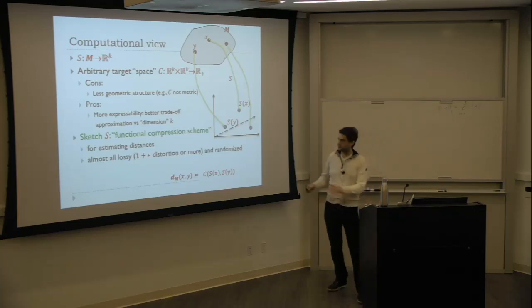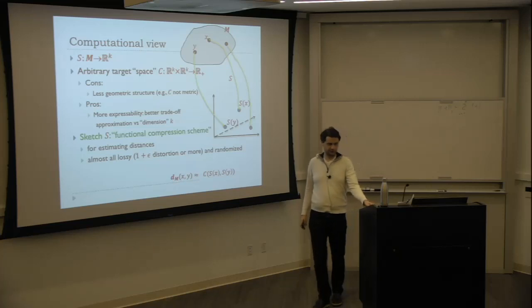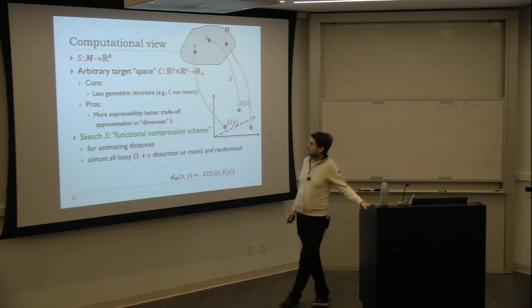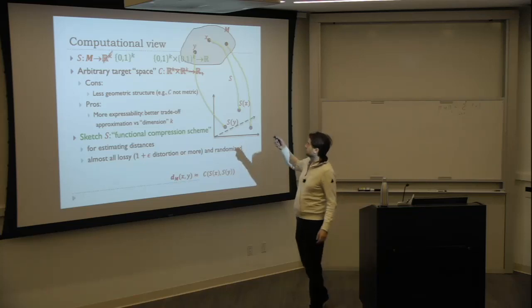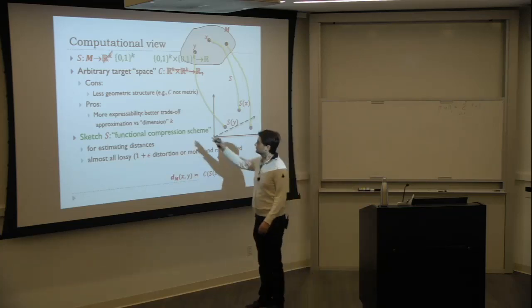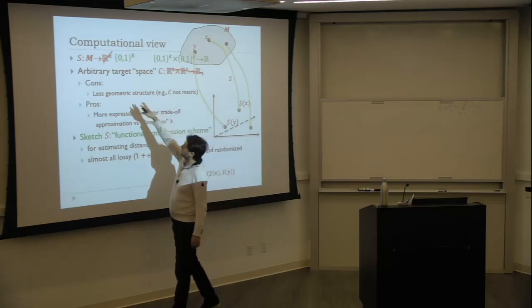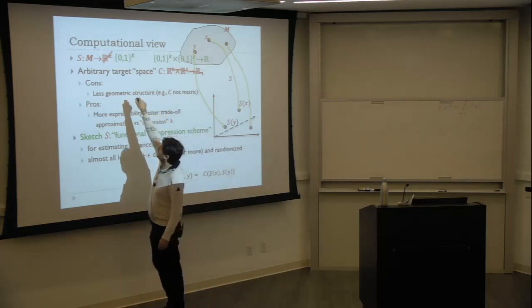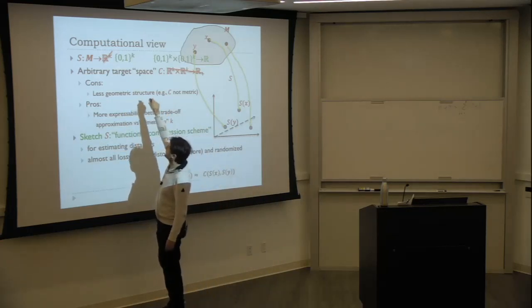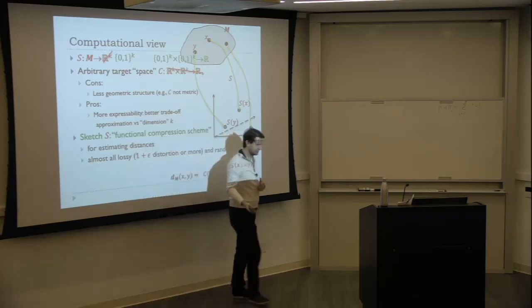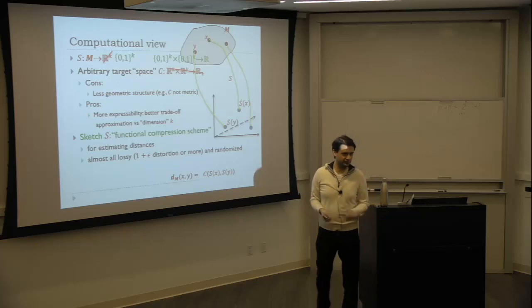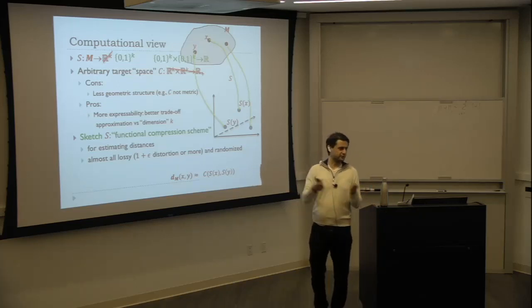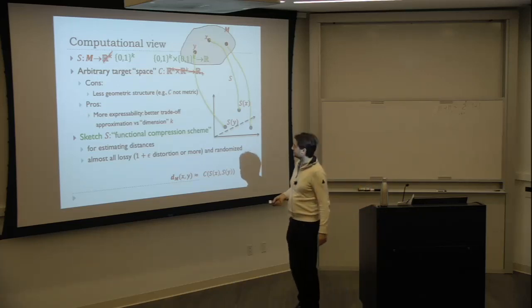So this is the high-level perspective. We'll try to design a sketch. I should mention that oftentimes we'll think about sketches as mapping not really into real space, but into binary space. This is a more computational view, where you can't really store real numbers; you talk about how many bits you can store.